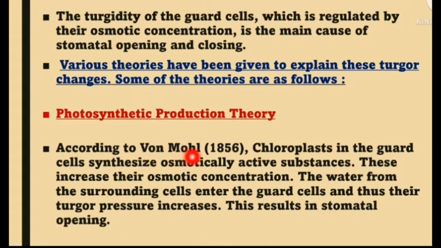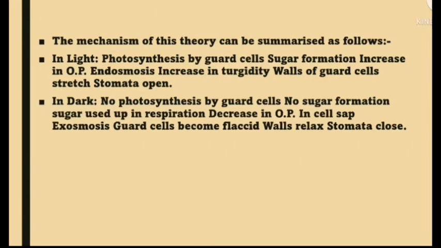According to von Mohl, in 1856, chloroplasts in the guard cells synthesize osmotically active substances. These increase their osmotic concentration. The water from the surrounding cells enters the guard cells and thus their turgor pressure increases. This results in stomatal opening.